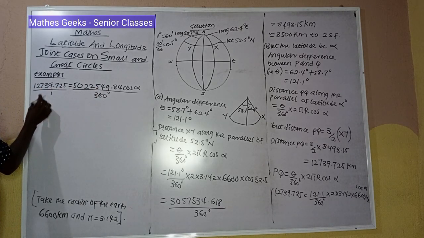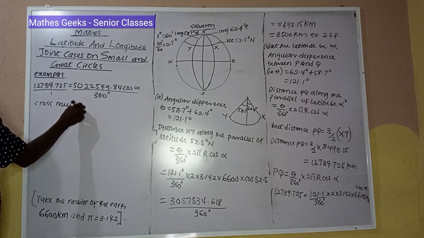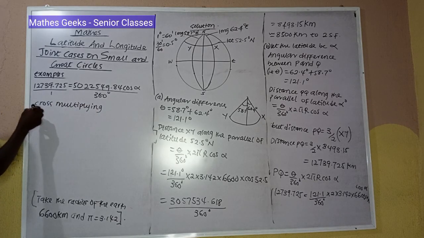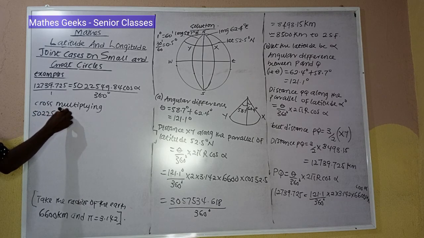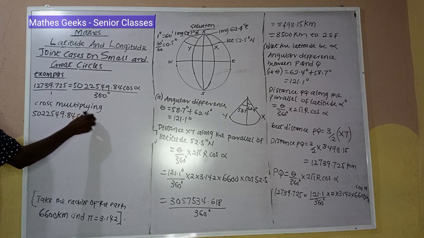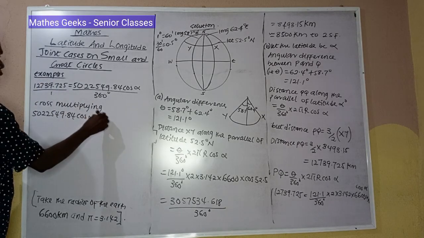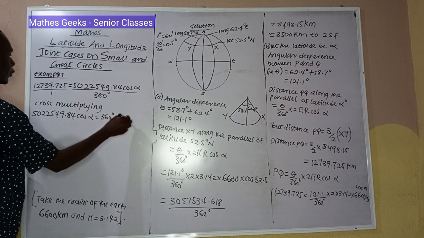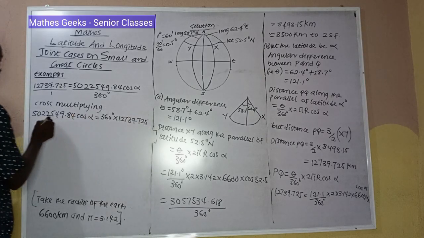So cross multiplying, we have 5,022,549.84 cos alpha is equal to 360 times 12739.725.